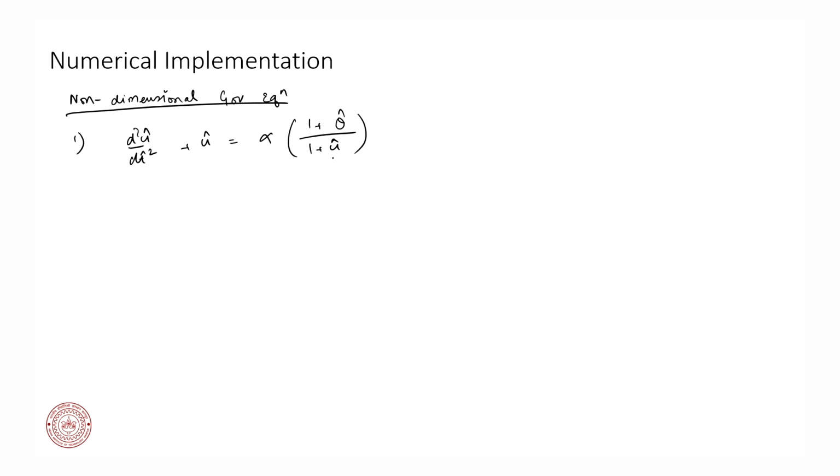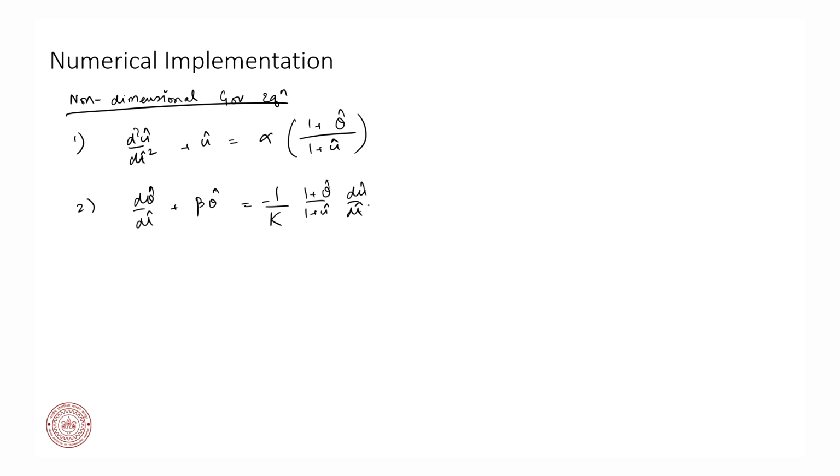And our second equation was likewise written as d theta hat by dt hat plus beta into theta hat equals minus 1 by capital K, 1 plus theta hat by 1 plus u hat, du hat by dt hat.